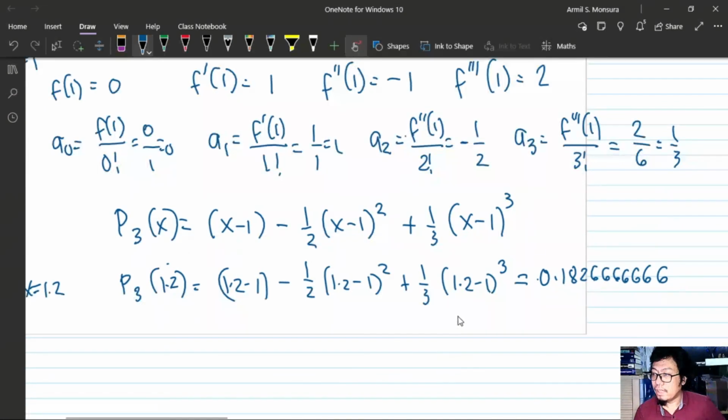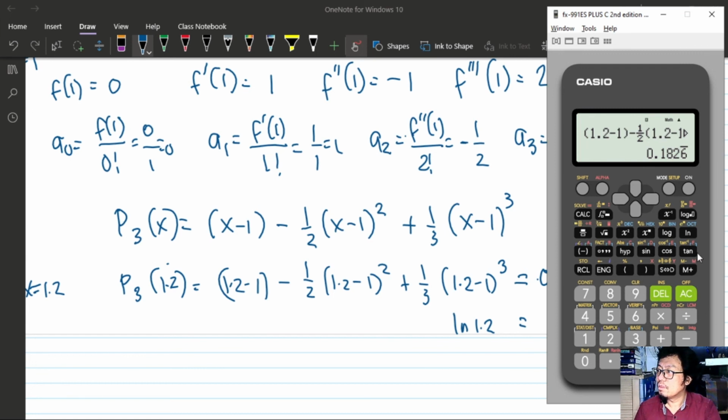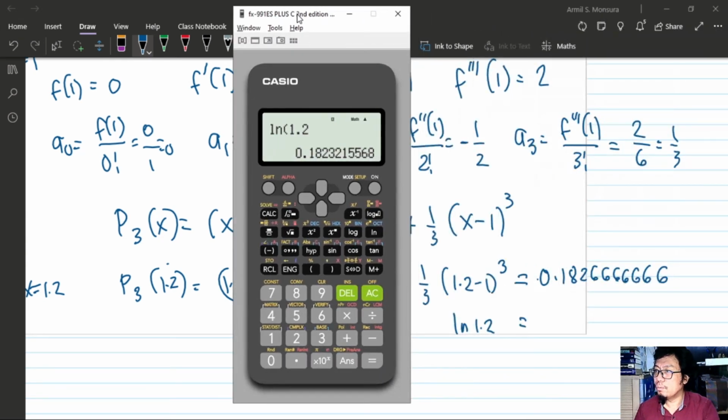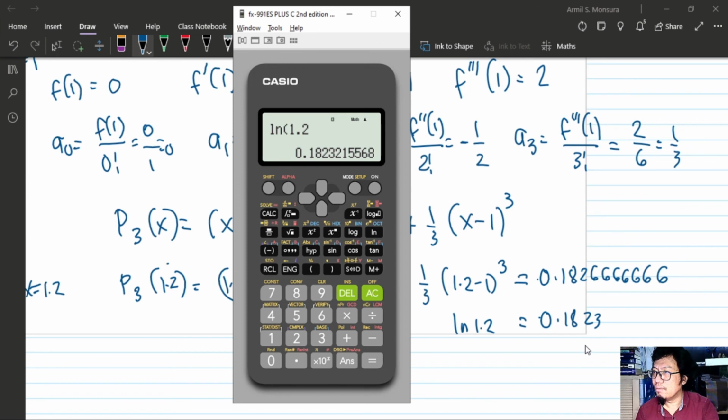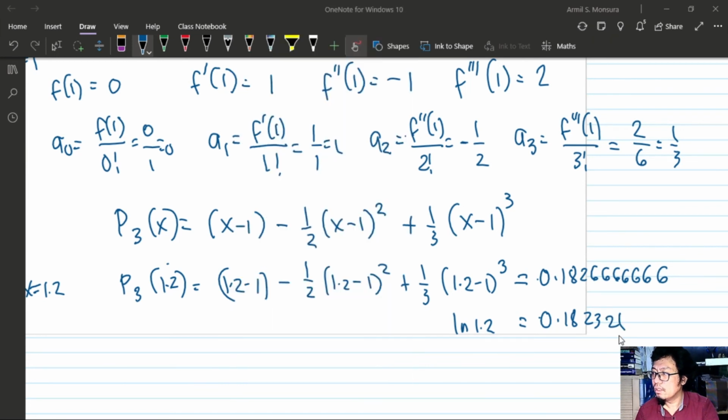The actual value is ln of 1.2. So the natural logarithm of 1.2 is 0.1823215568.